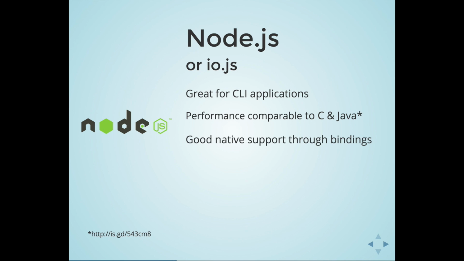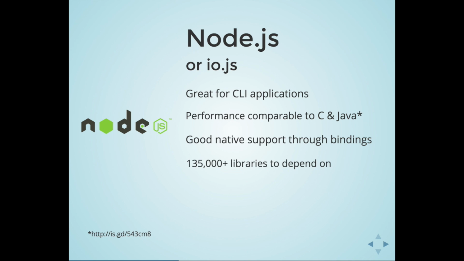It's got really good native support, but through bindings. It uses something called node-gyp to talk to the system, and it abstracts lots away from you as well. So if you want to access the clipboard, for example, you're going to have native components compile regardless of what system you're on, and it will just work.